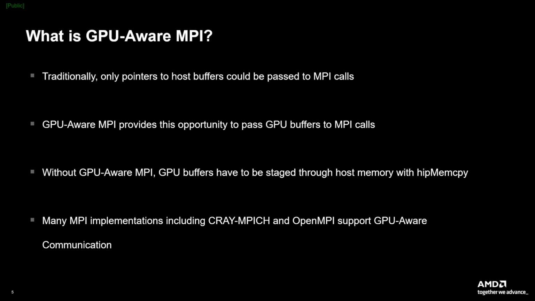Without GPU-aware MPI, we cannot pass GPU buffers to MPI calls, so we have to copy the data from the GPU buffers to the host buffer and then pass the host buffer to MPI calls. And this has some overhead. Currently, many MPI implementations support GPU-aware MPI, including Cray MPICH and OpenMPI.